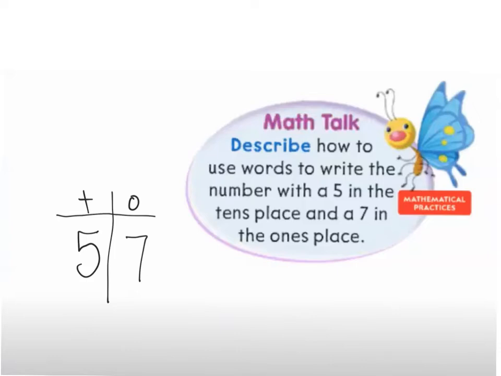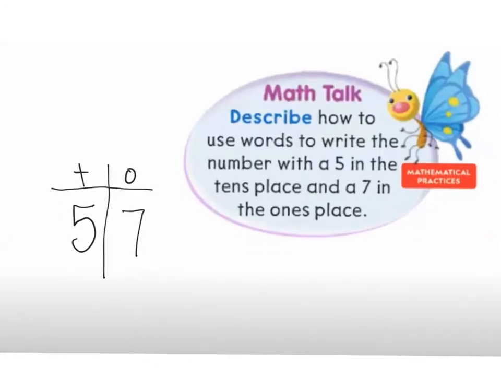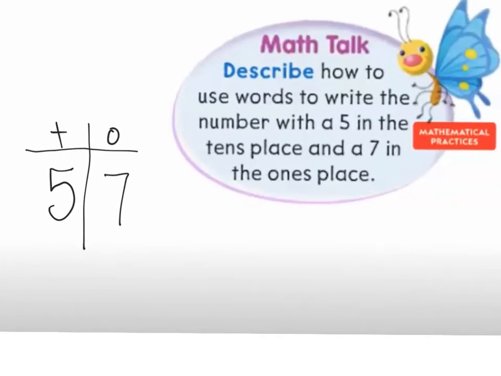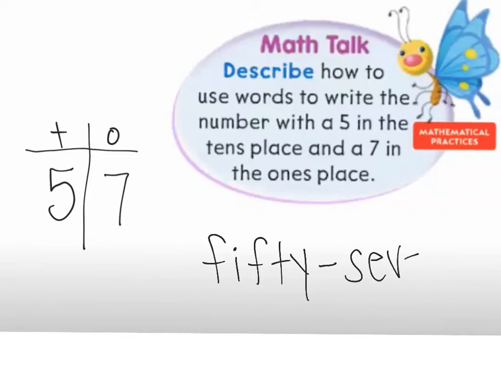This number, when we read it, says 57. And when we write it, it's just like that. 50, and then a dash, 7. That's how we write it. When we read it, we wouldn't say dash. We would just read it as 57.